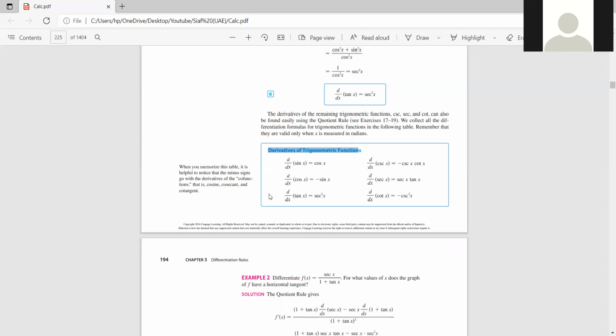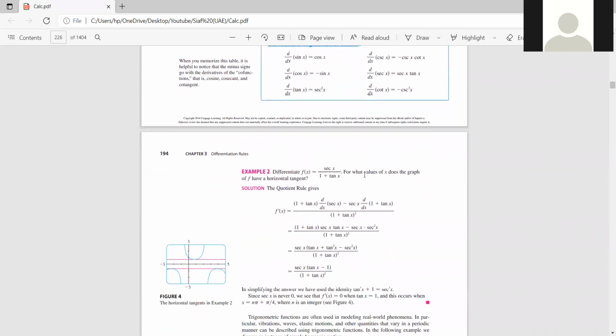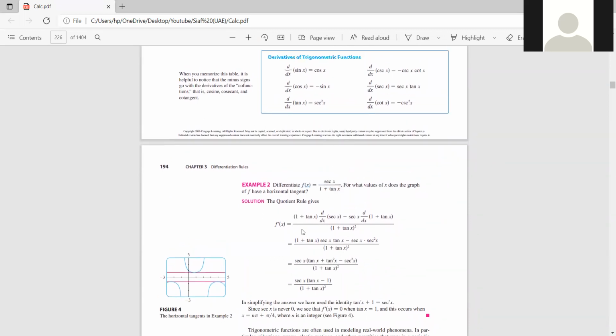So let's do example 2. It says differentiate this function. It has sec x and tan x as well, a completely trigonometric function. For what value of x does the graph of f have a horizontal tangent? Horizontal tangent means the slope will be 0.